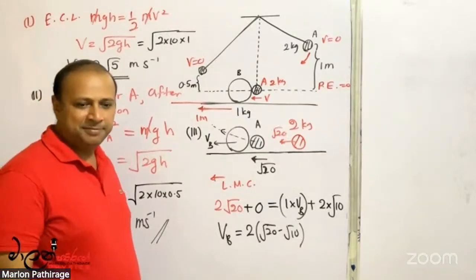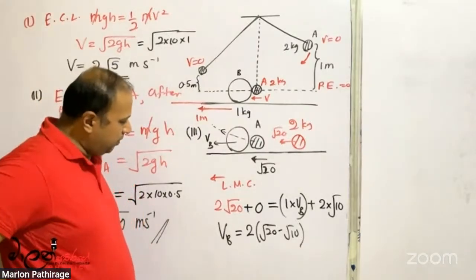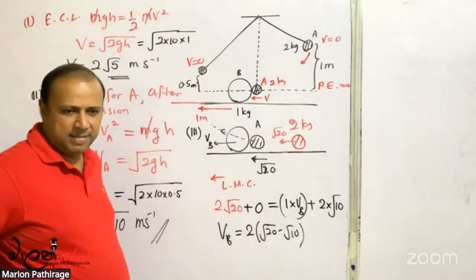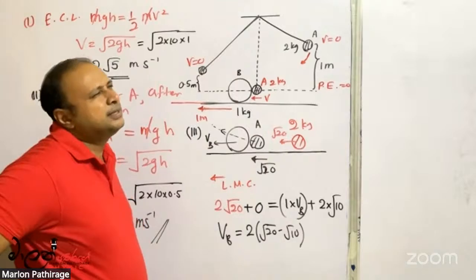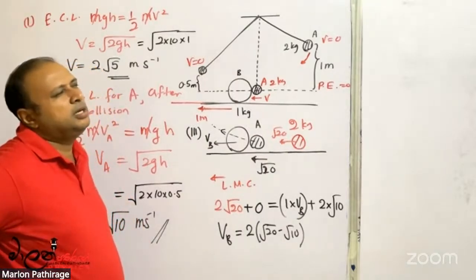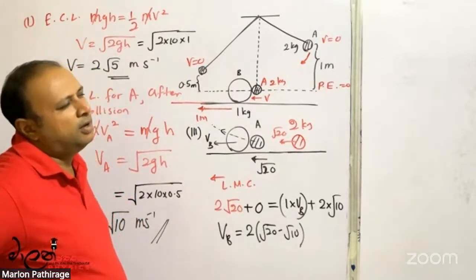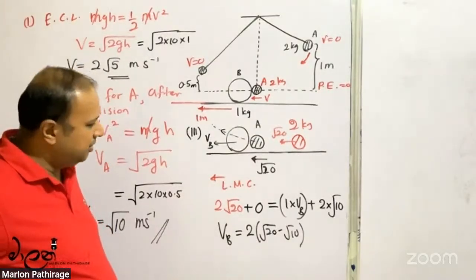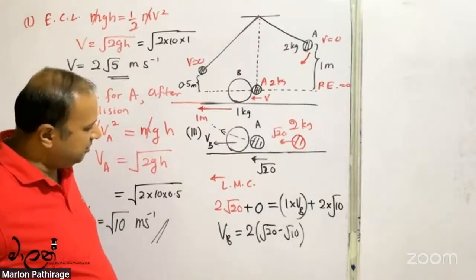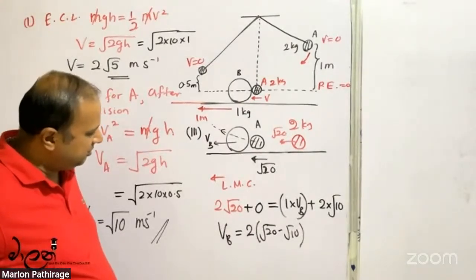√20 means 4 point something, 4.5. √10 is 3.1.